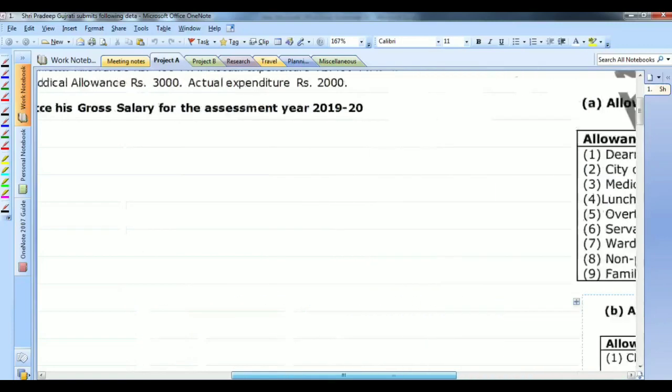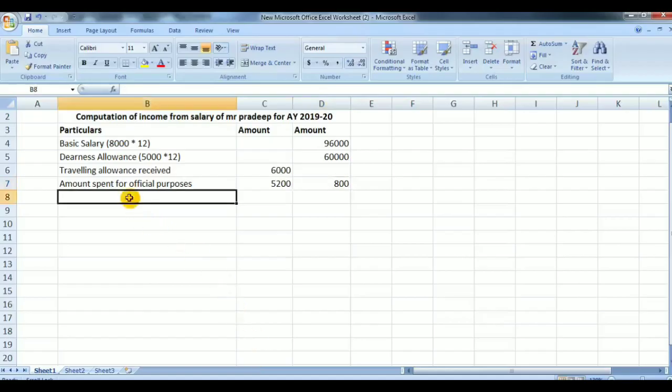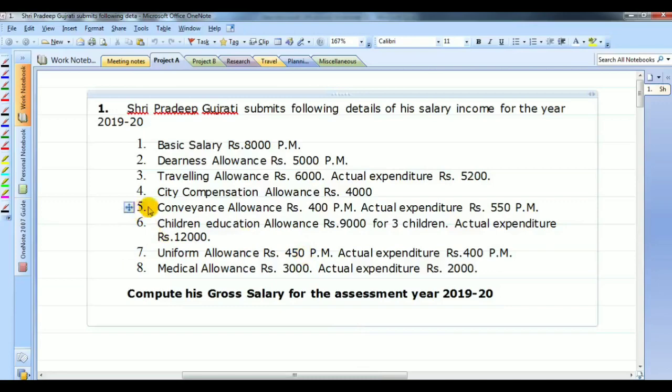So just like dearness allowance, city compensation allowance is also fully taxable. I will write it here, city compensation allowance. How much is the amount of city compensation allowance? Let us look at that. City compensation allowance is 4,000 rupees.